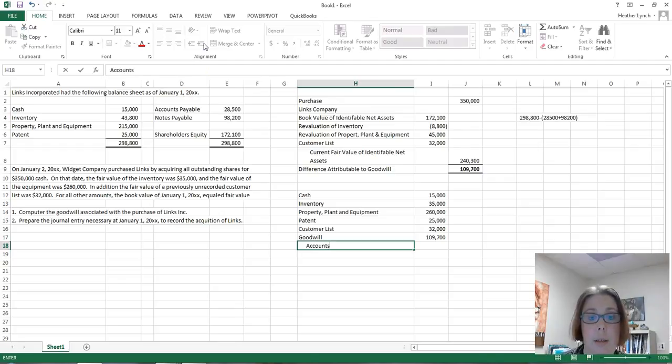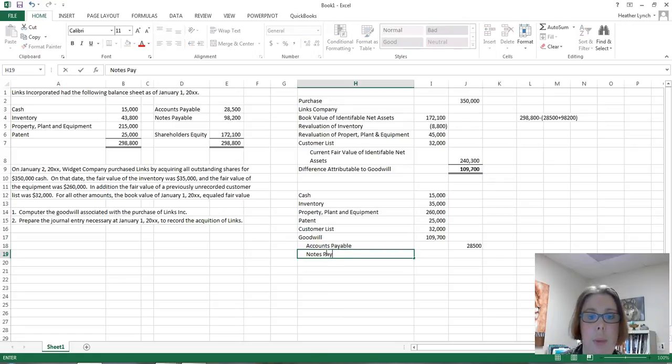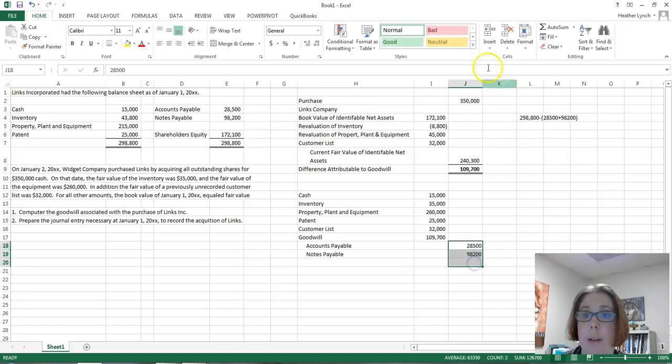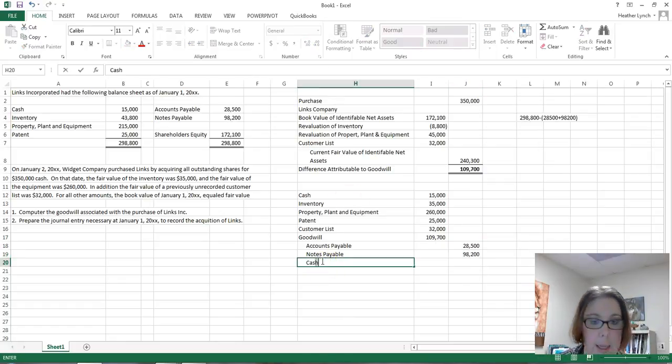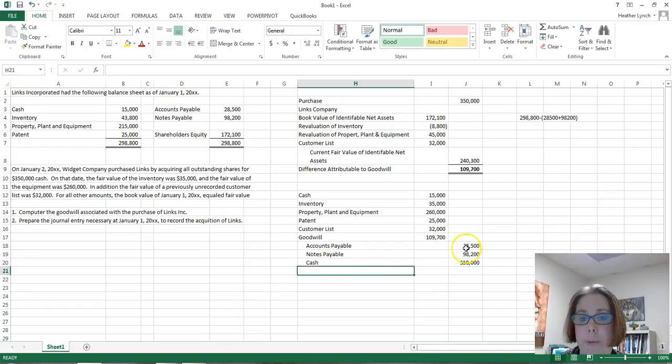Our credits: we acquired the accounts payable at $28,500, the notes payable at $98,200, and finally the cash that we actually paid of $350,000.